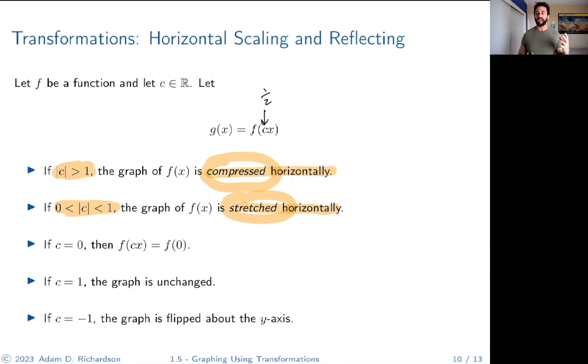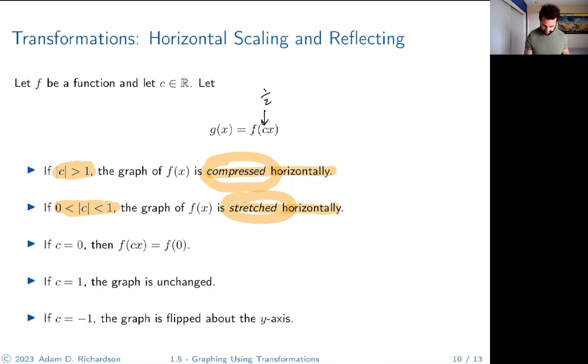If c is 1/2, then what I'm saying is go through the inputs half as fast as normal. So instead of going through the graph like it normally would, it's going to go a lot more slowly, half as fast, basically. So that number c is kind of talking about speed. And as we'll see with the trigonometric graphs, it's affecting the period of the graph. But we'll see that in the next section.